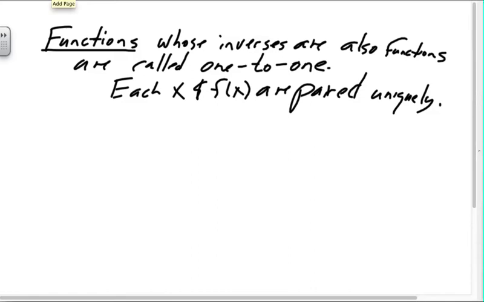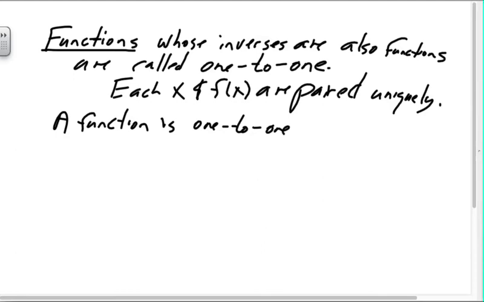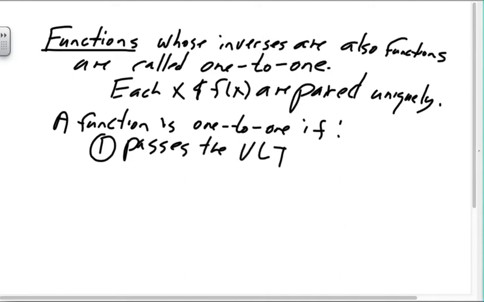So the way to find a one-to-one is, okay, a function is one-to-one if both of the following hold true. Number one, it passes the vertical line test, which if it's a function, so we can actually change this and call it an equation.